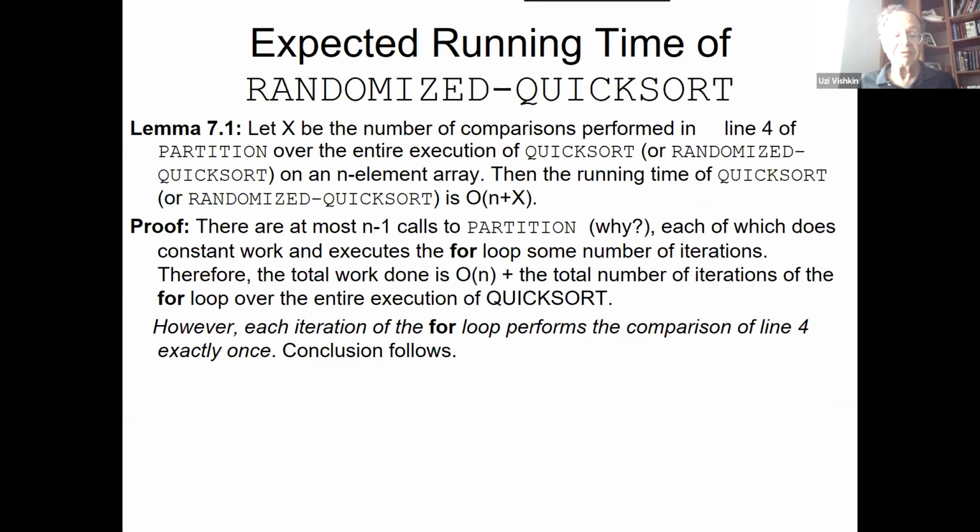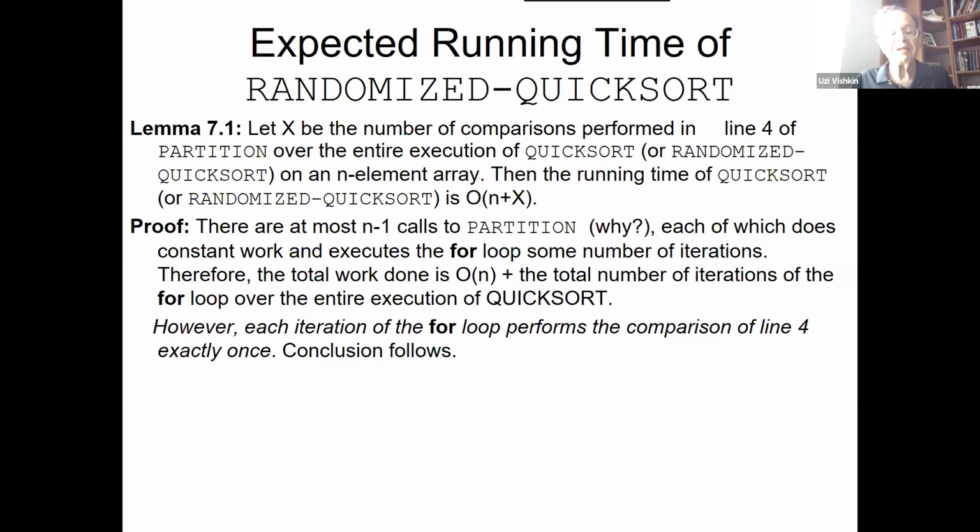So first, we need to observe that what will not change, no matter how lucky you are with the pivot, is the number of calls to partition. This will be n minus 1, because, think about it, in each call you actually rank one element, and we need to rank a total of n elements. So you need n minus 1 calls, because the last element will be ranked by default. So it's basically n calls to partition, n minus 1.